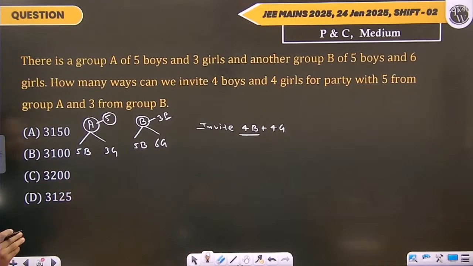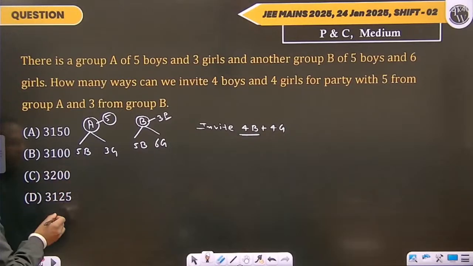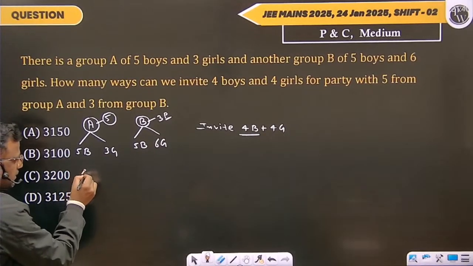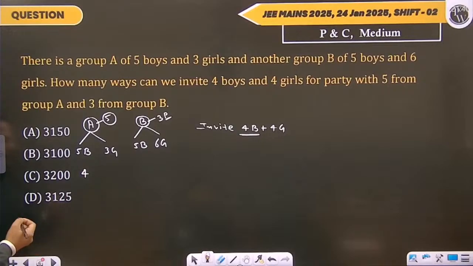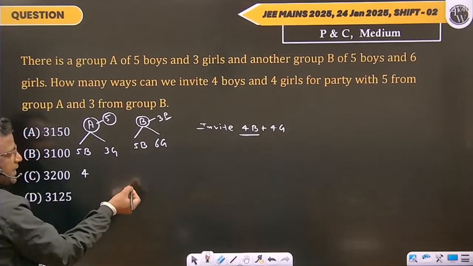So 4 boys. In group A we can take a maximum of 4 boys. So first case, we have selected 4 boys from group A, and from the remaining second group, 0 boys can be selected.